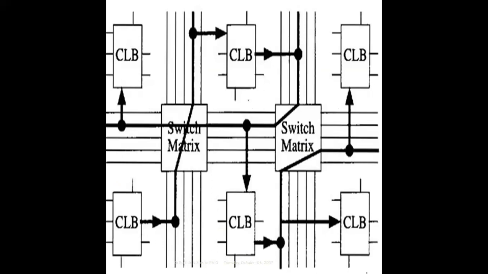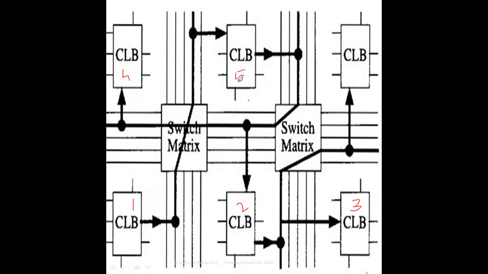From that diagram we can understand what the rows and columns are, and how many lines there are. Total 5 lines are there, and among these there is a switching matrix. The switching matrix decides which line has to connect to which one. For example, say I have CLB1, CLB2, CLB3 and CLB4, 5, 6 CLBs.